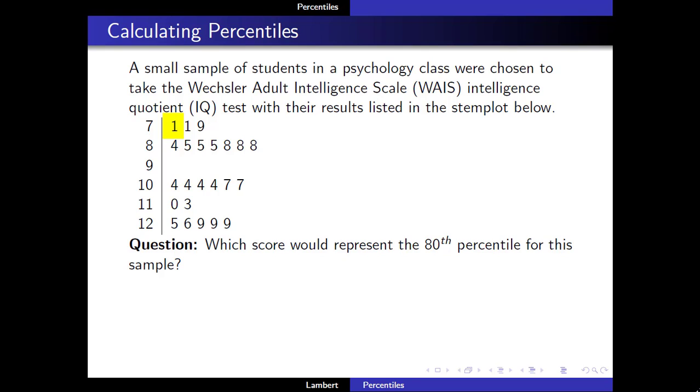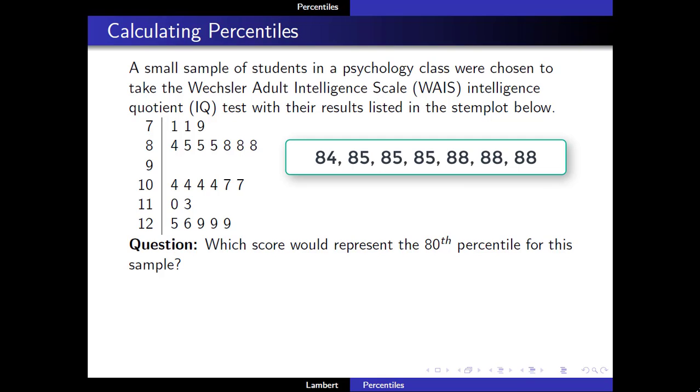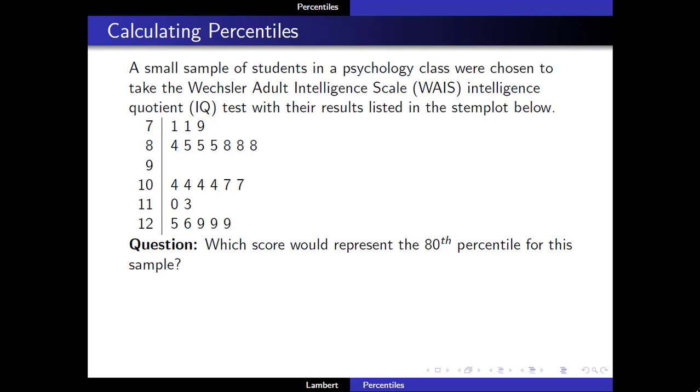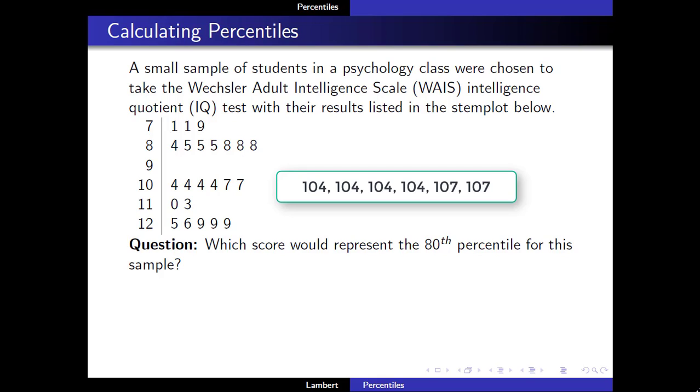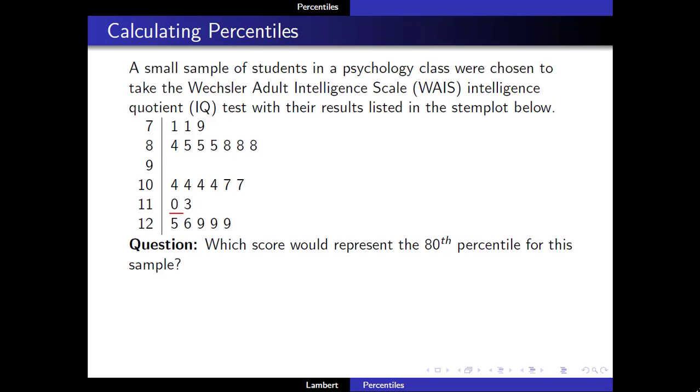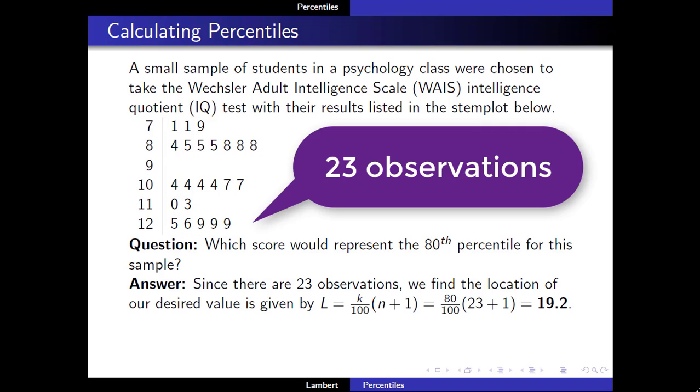So the first three data values are 71, 71, 79. And you could keep on going forward: 84, 85, 85, 85, 88, 88, 88. There's nothing in the 90 range to 99, so then we go to 104, and then you have 4 of those, and so on and so forth. You can count all of them, and you'll immediately see that you have 23 observations.